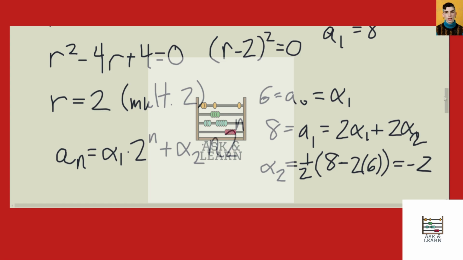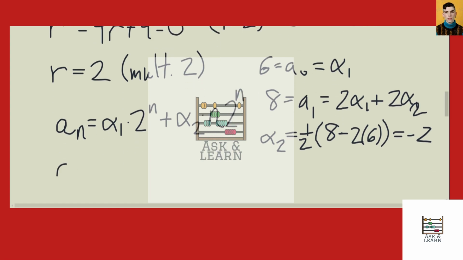And so the specific solution is a_n = 6 times 2^n plus negative 2, or minus 2n times 2^n.